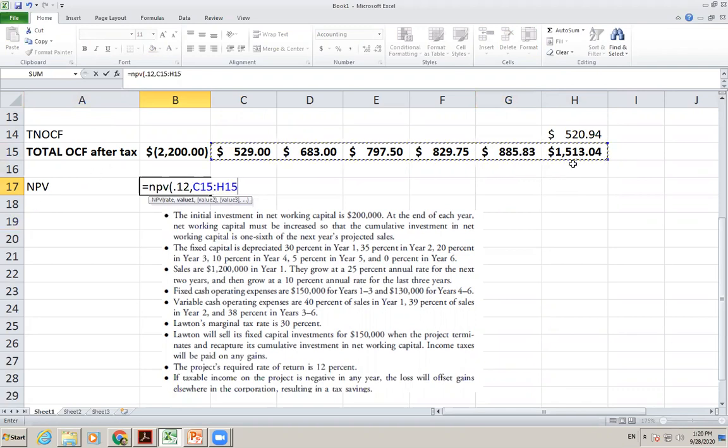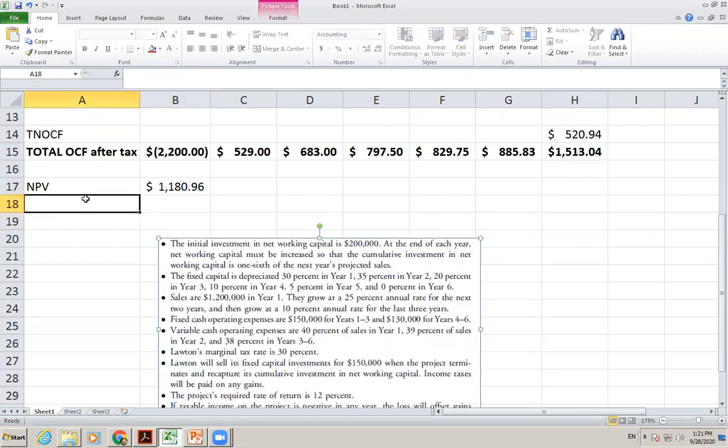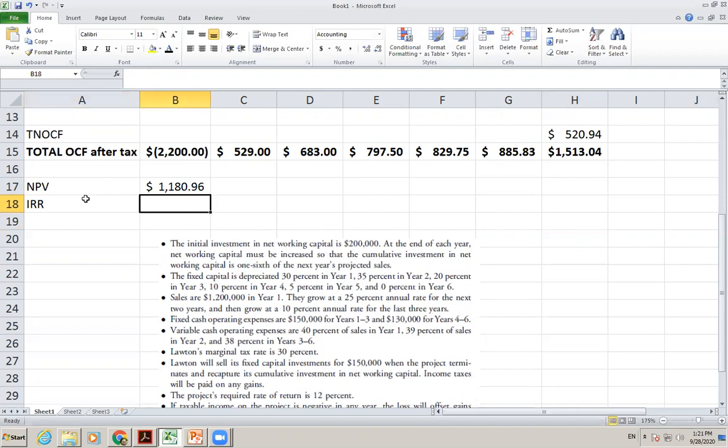Select the value, plus. So this is our NPV, and IRR is equal to 26.6 if you just round the numbers.